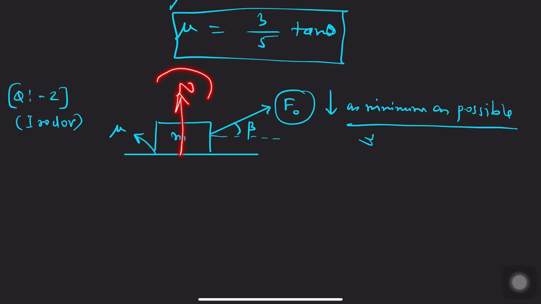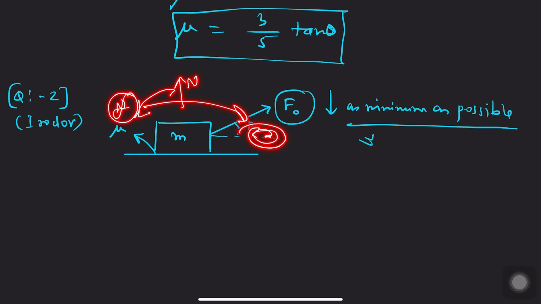So if we can somehow reduce the normal force acting on the body, then friction will get reduced. So we have to decrease this normal force so that we can decrease this friction force, and here we can have some force which can slide the block.